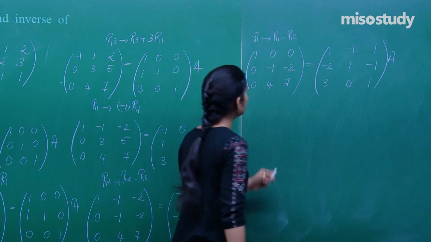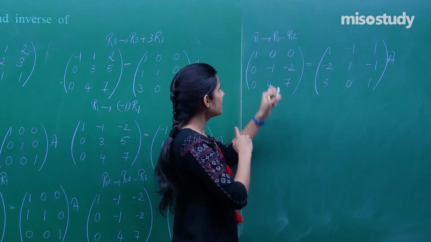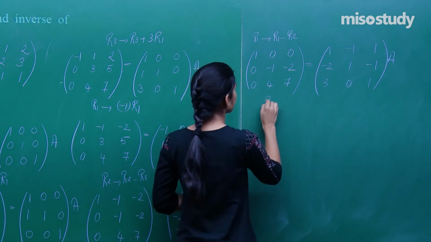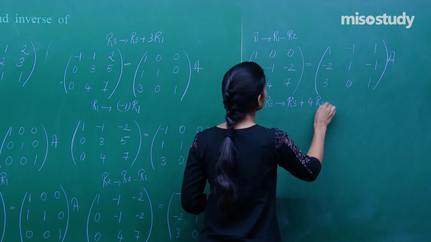A. Now you need a 0 over here, so what I will be doing, row 3 plus 4 times row 2, row 3 goes to row 3 plus 4 times row 2.